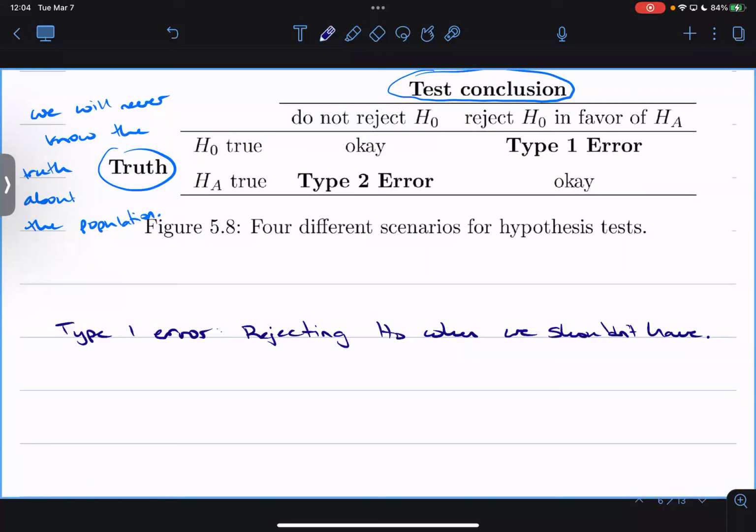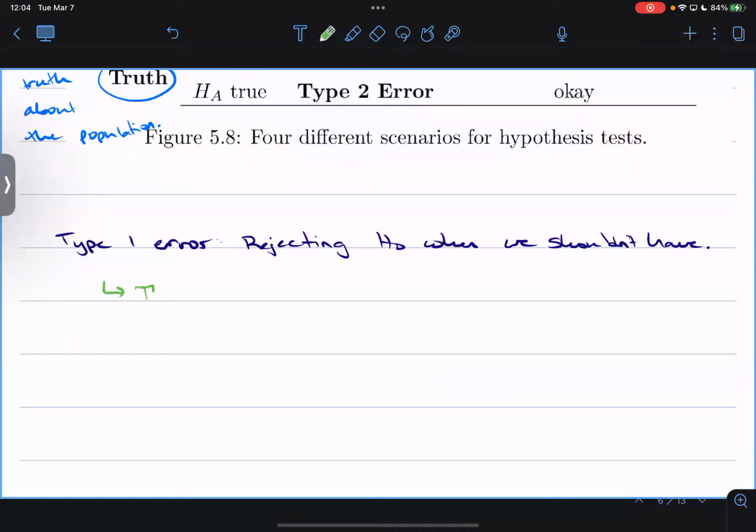The significance level is the level that we're okay with making a type 1 error. So the significance level, which is the alpha level, which we've decided a default 0.05.